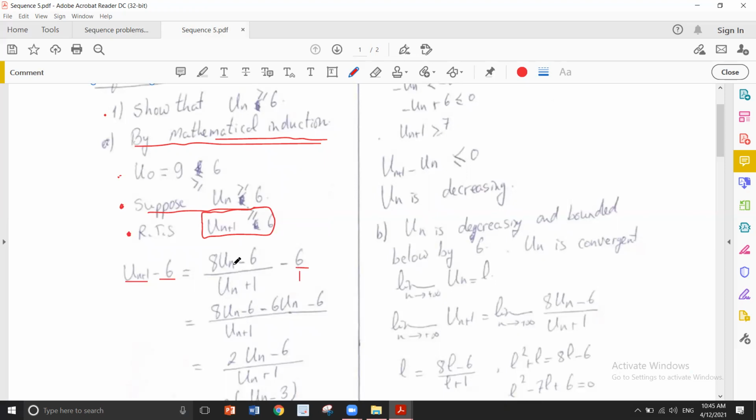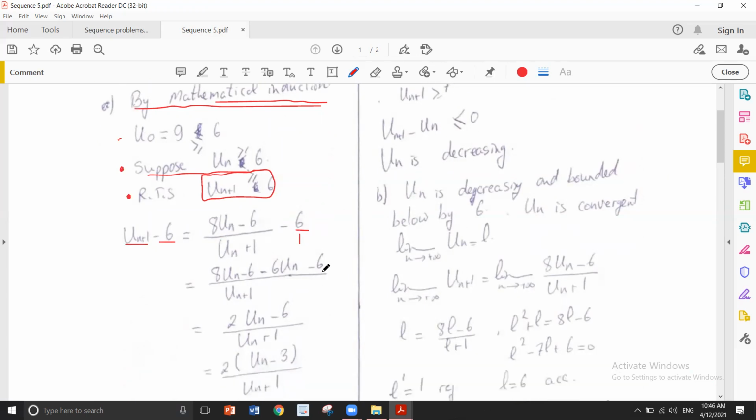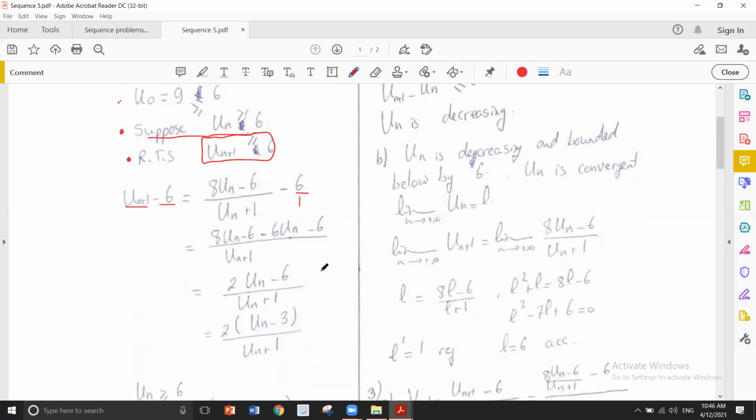So we get 8 un minus 6 minus 6 un minus 6, equals 2 un minus, this is not minus 6, this is minus 12. We take 2un common, this one un minus 6.